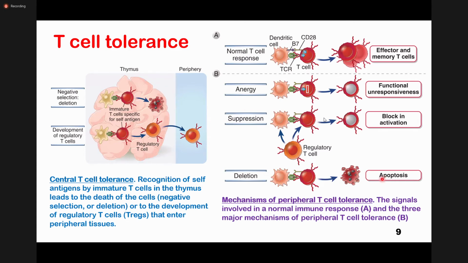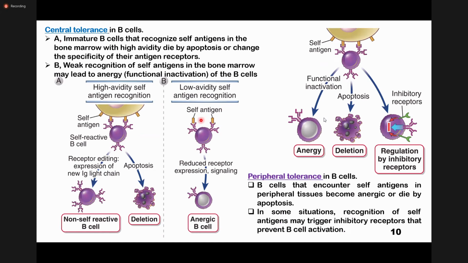Now we talked about T cell tolerance. This is B cell tolerance. Just consider the pictures first. In the situation when the self-antigen has a high avidity, I guess you remember when we talked about avidity and affinity last class. When the self-antigen binds to your reactive B cells with high avidity, one of two steps of tolerance happens.